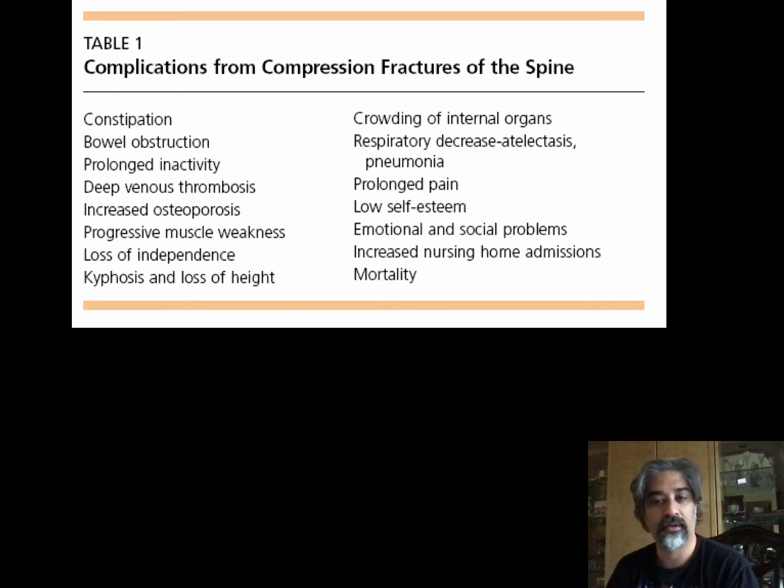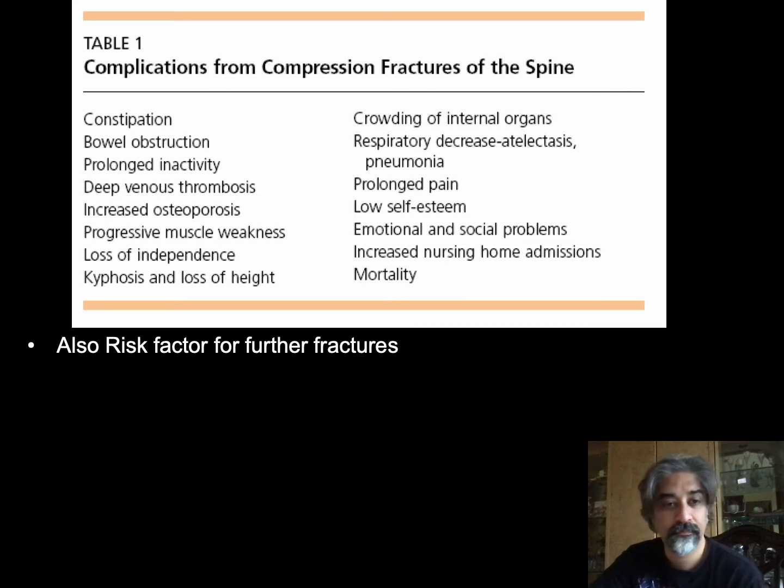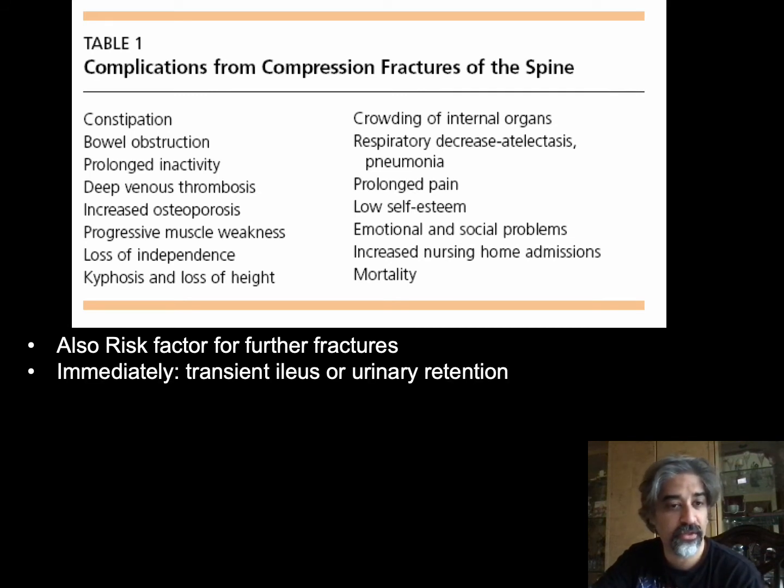That would kind of present along the rib. You could get cord compression, but that's extremely rare. And you can also have continued pain and worsening kyphosis. It's also a risk factor for further fractures.